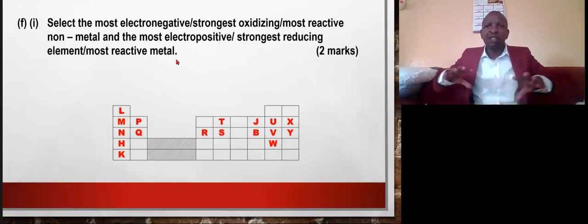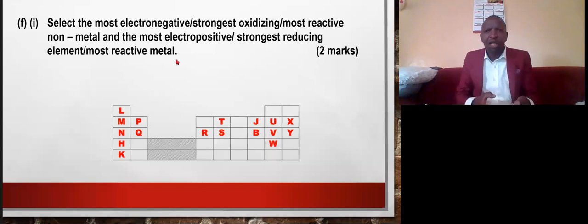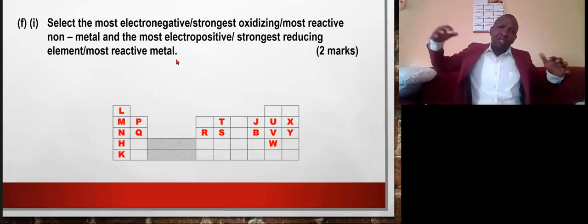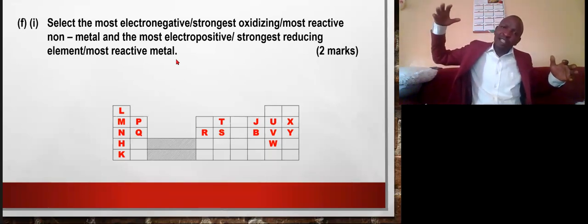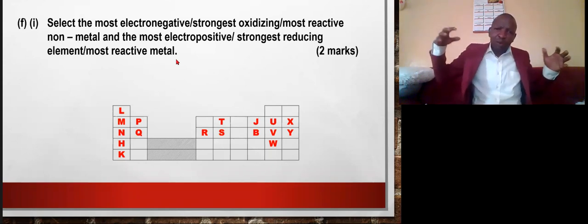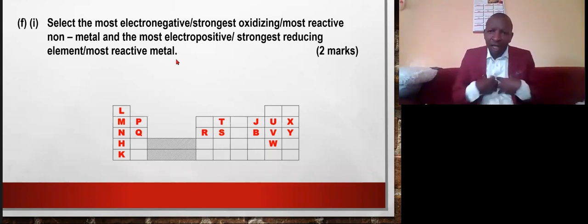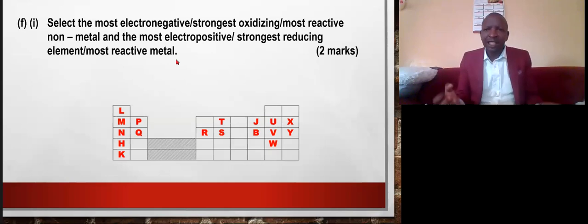Whatever causes the attraction must be the protons within the center. So if the atom is very large and the electron is being removed from very far, it may not be very easy to remove, but when it's just here, it is very easy for the electron to be pulled and to be attracted to that particular atom.